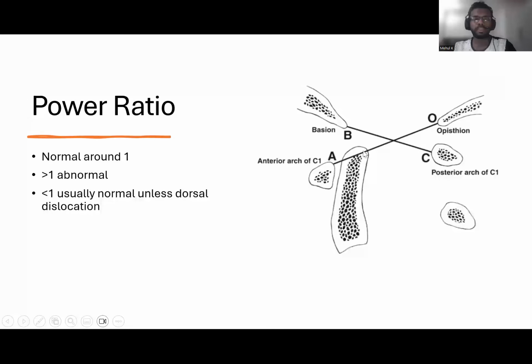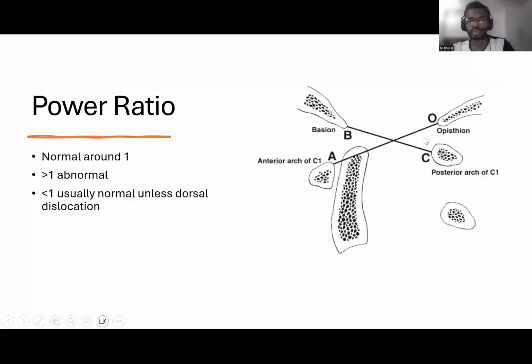So you're basically looking at the CT C-spine from a sagittal view, and the ring of C1 is cut into two parts, so you have an anterior arch of C1 and a posterior arch of C1. Going from the anterior arch of C1 to the opisthion, and from the posterior arch of C1 anterior to the basion. Normally AO is more than BC.